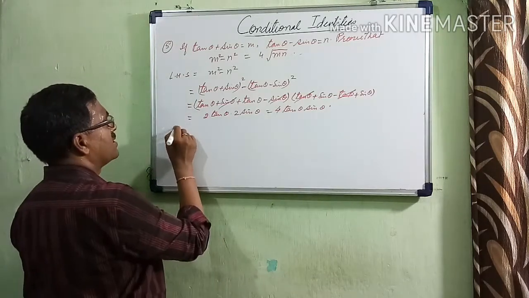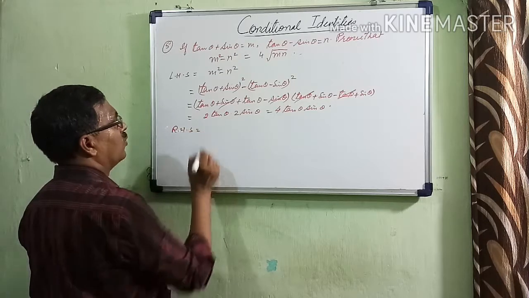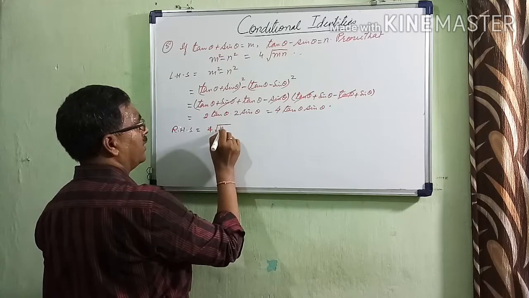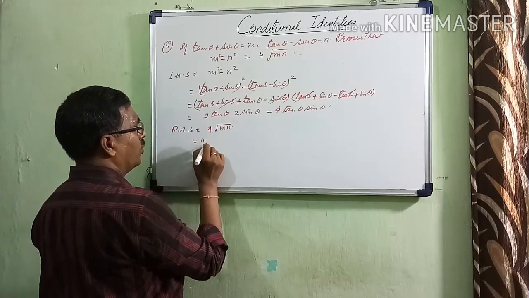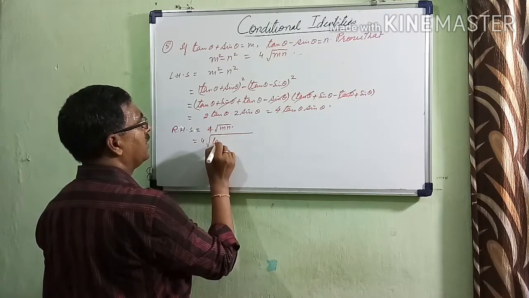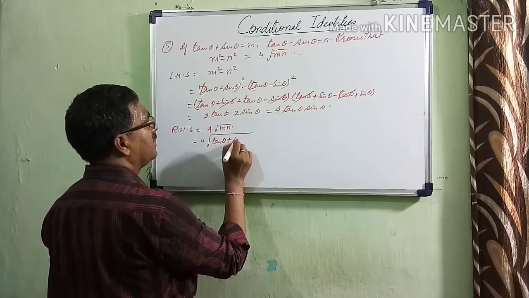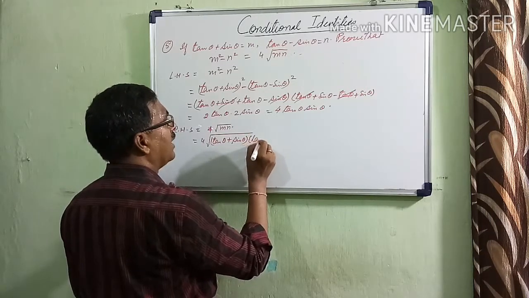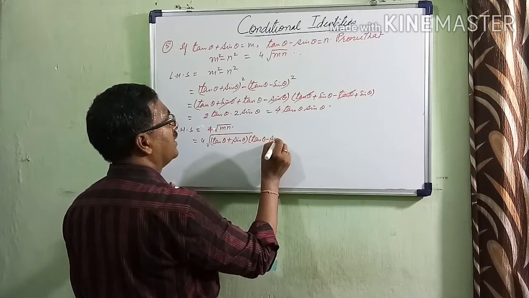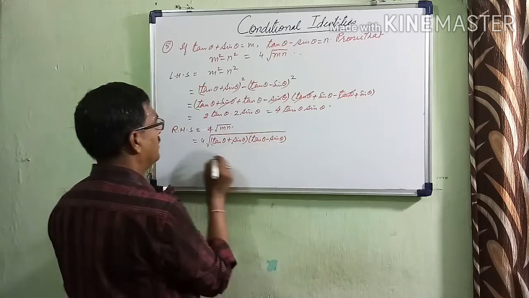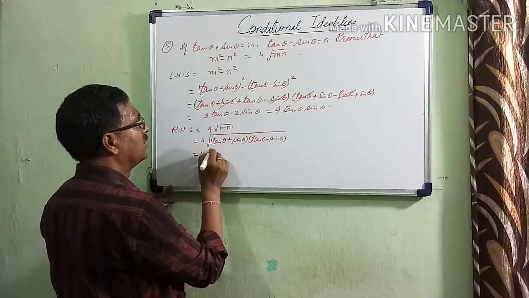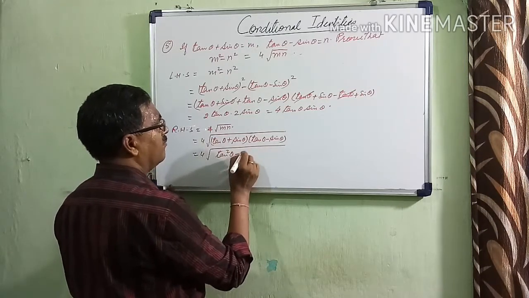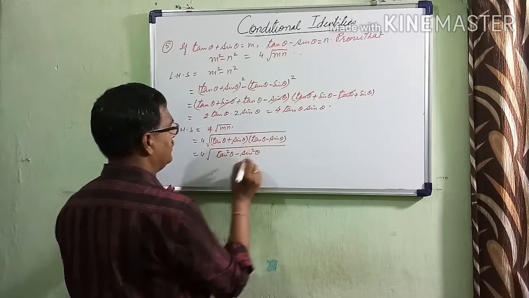Let us take RHS. What is your RHS? 4 root over mn, 4 root over tan theta plus sin theta into tan theta minus sin theta, that is tan square theta minus sin square theta.